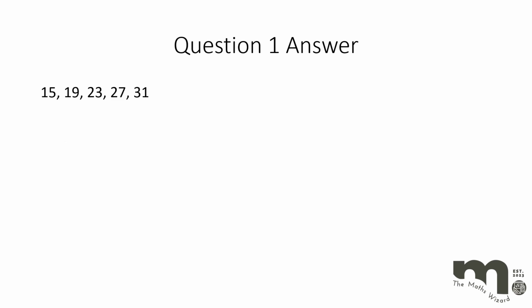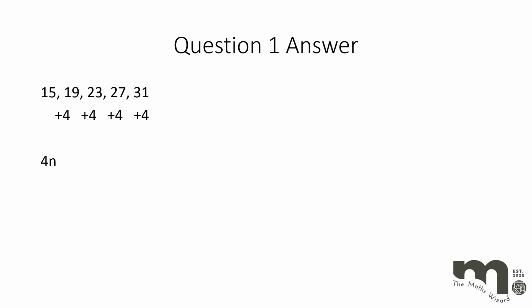You will notice that the difference between each of the numbers in this sequence is 4. If it is increasing by 4, that means the expression has got to start with 4n. Any linear sequence with a common difference of 4 will start with 4n.